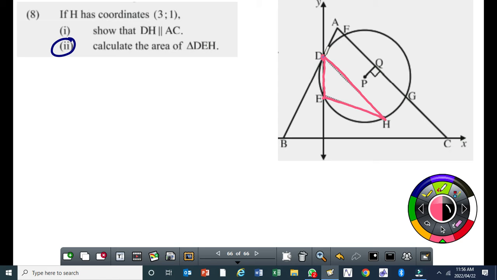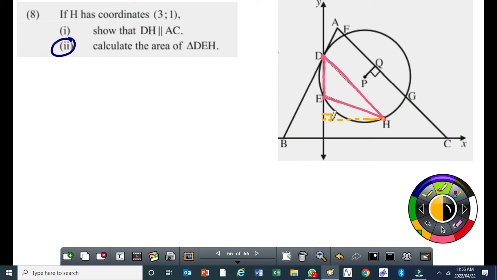Do we have any coordinates on the x-axis there? No. And what that means is, if you want to calculate the area of this triangle, you might have to turn the diagram around and make DE the base. To make DE the base, then the height is going to be this length here.